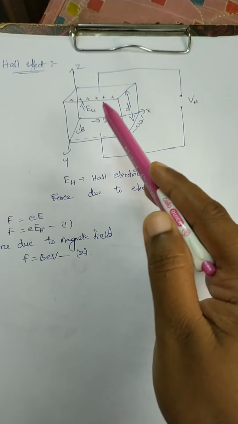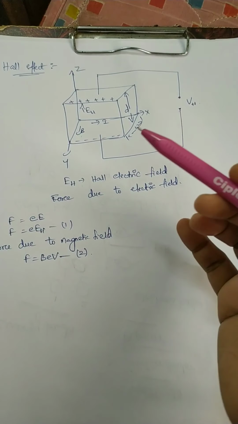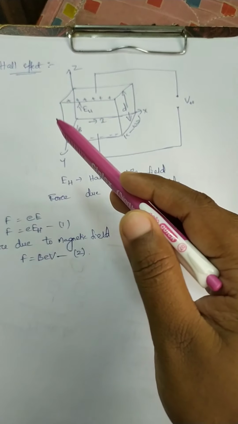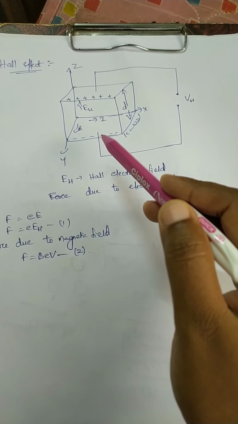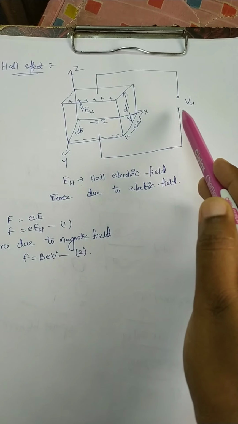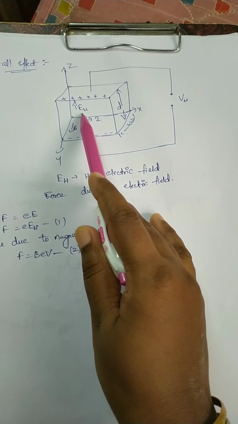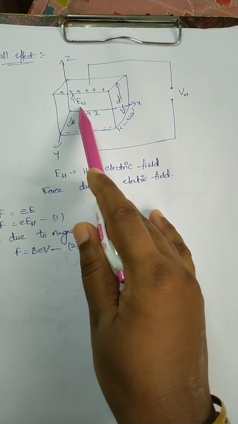Here we are representing both the electric field and the magnetic field. This effect is known as the Hall effect, and the voltage is the Hall voltage, and the electric field applied is the Hall electric field.